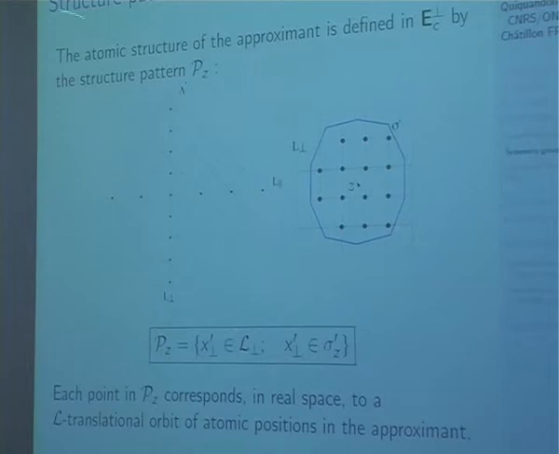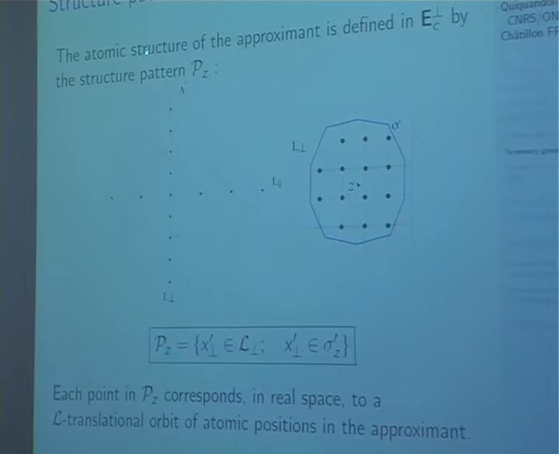Now the last thing I need is a structure pattern. What I said is that when you cut along a rational direction and look perpendicularly, it also is a lattice. You see a lattice that way, and I see a lattice this way. Each point here is a projection of the whole L lattice in our real space. That's exactly the same drawing as the first one.